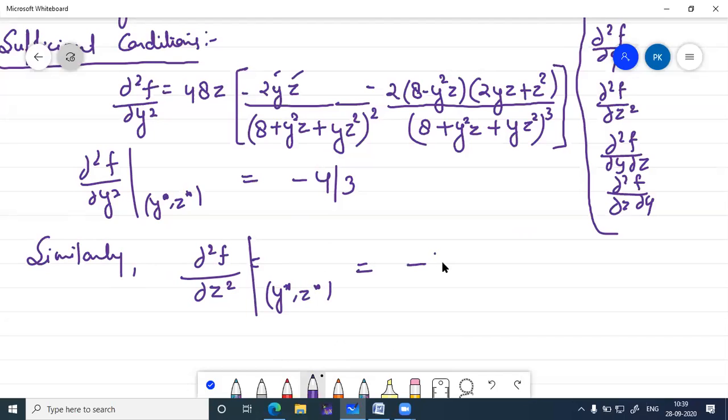We get the same value here because the value of y is 2 and the value of z is 2, so the same form will result, and it's minus 4/3.